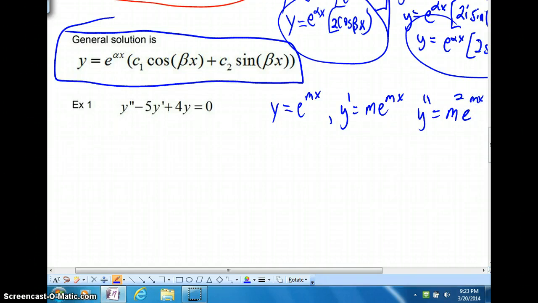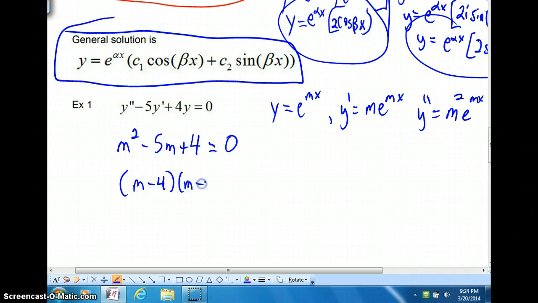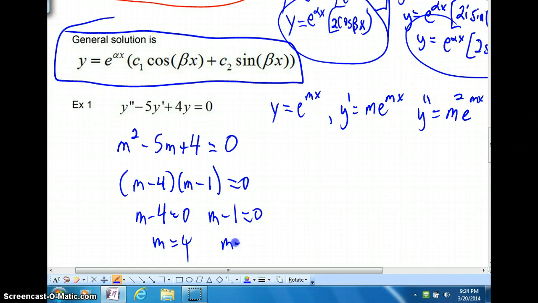If we substituted those values in and divided by e to the mx, very quickly we would arrive at this wonderfully simple quadratic equation. Quadratics can always be solved via the quadratic formula, but probably the first way you learned would involve factoring. Set these factors equal to 0, and very quickly you would arrive at m equals 4, m equals 1.